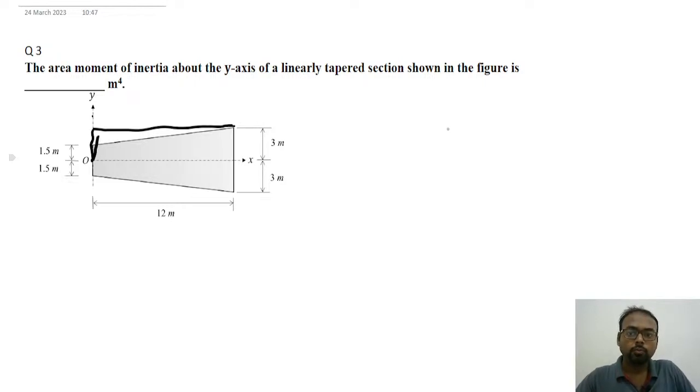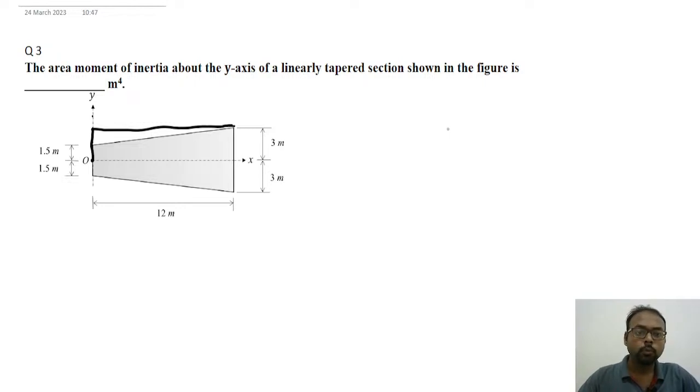From this rectangular section, first of all, we will find out the total moment of inertia of the rectangular section, and then we will subtract the triangular moment of inertia from that to get the half portion moment of inertia. Then we will multiply this by 2 to get the moment of inertia of the complete tapered section.